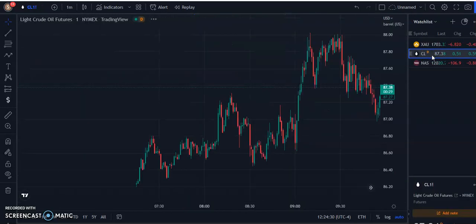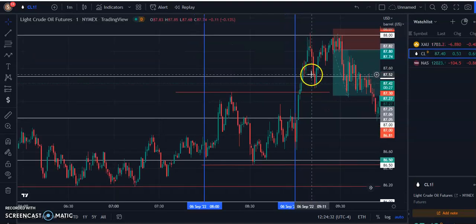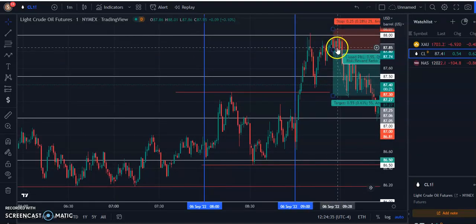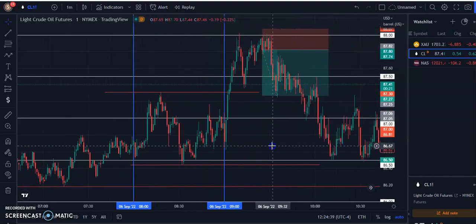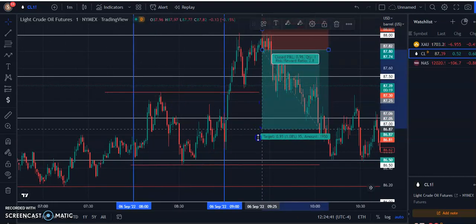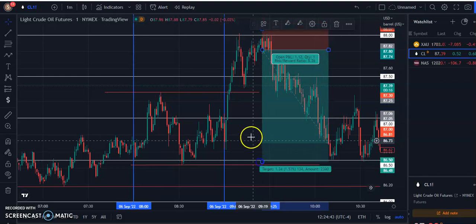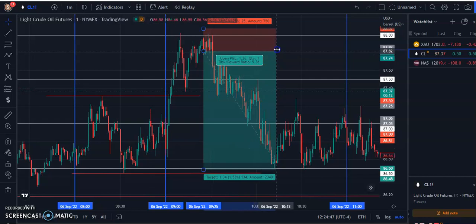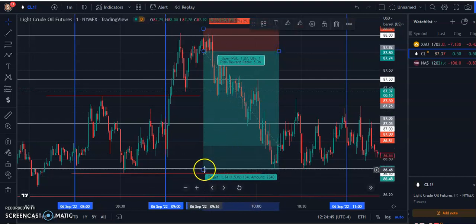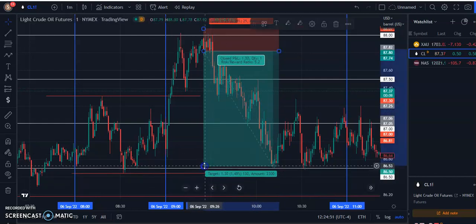But oil, look at oil. Simple. Pump, pump, pump, and then engulfment for the move down. And it continued down for 150 pips. 130 pips.